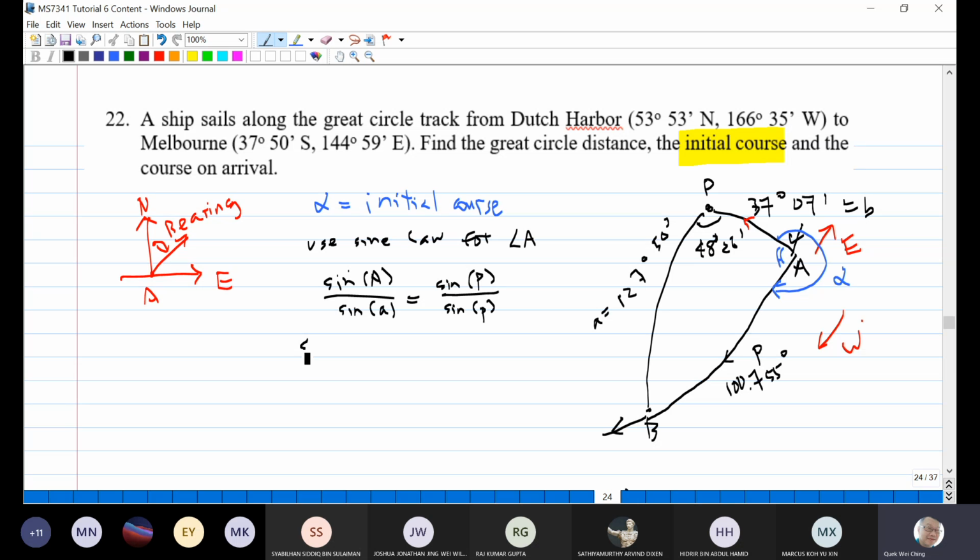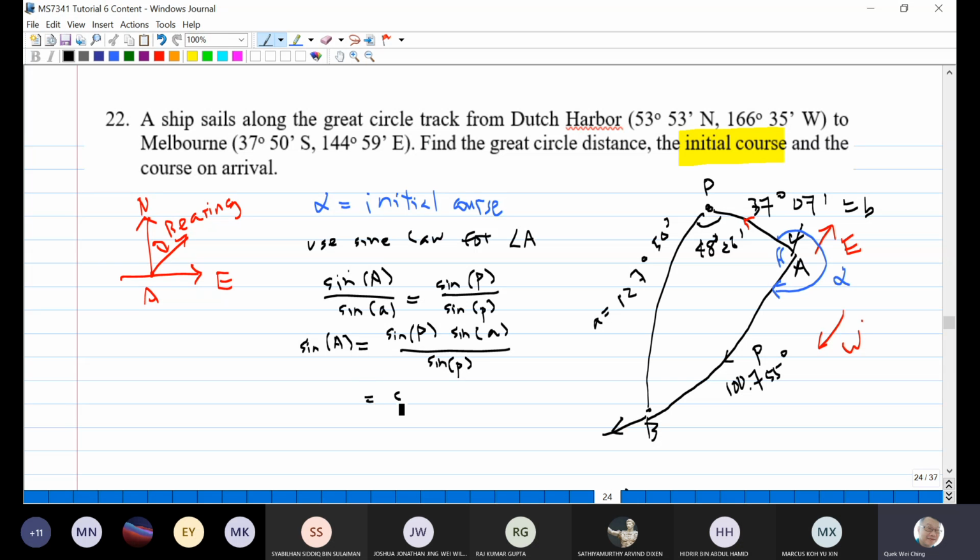So sine A is equal to sine of angle P times sine of side a over sine of side p.